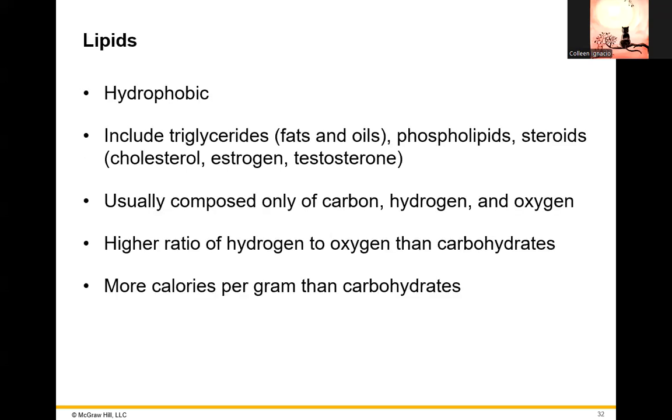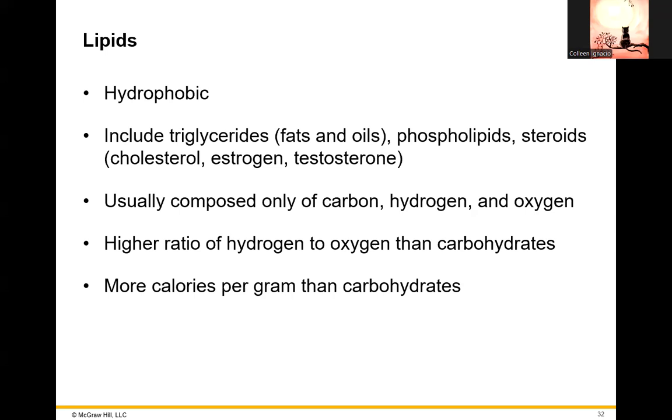Okay, all right, let's talk about lipids. Lipids are hydrophobic; as carbohydrates were hydrophilic, lipids are hydrophobic, water-fearing. Lipids include our triglycerides, which are fats and oils, phospholipids, steroids, cholesterol, estrogen, testosterone.